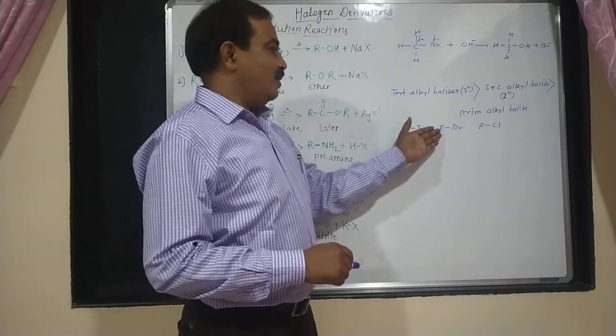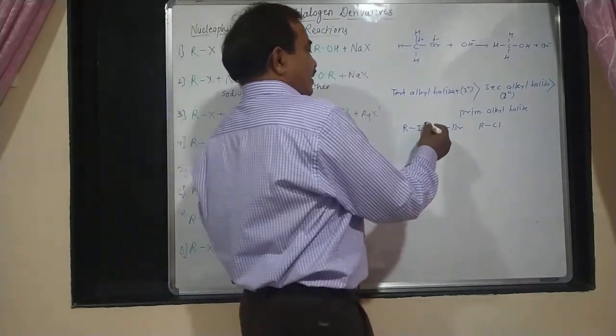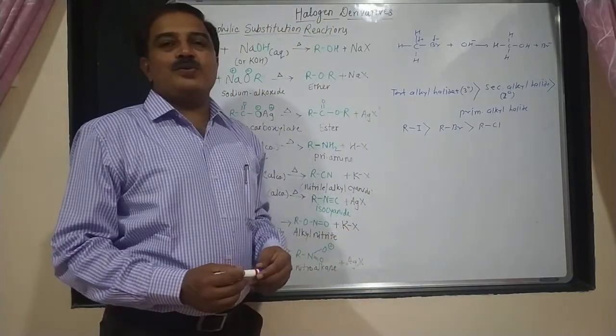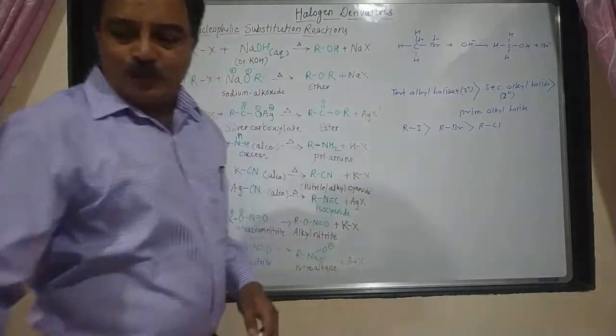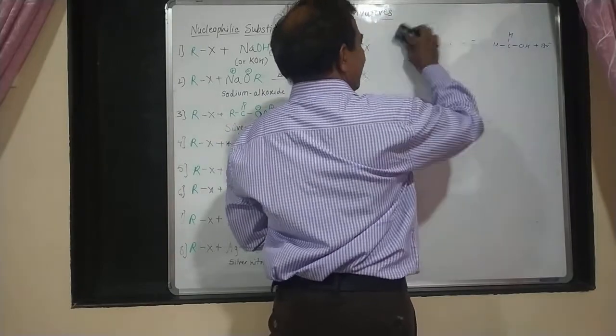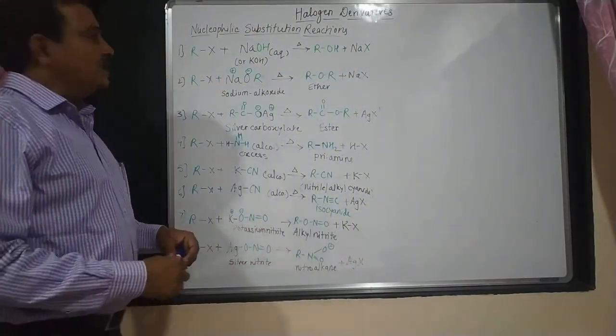Here we have taken three examples, so this will be the proper order of nucleophilic substitution reaction. Now we will move towards this chart, in which a few different nucleophilic substitution reactions are given.